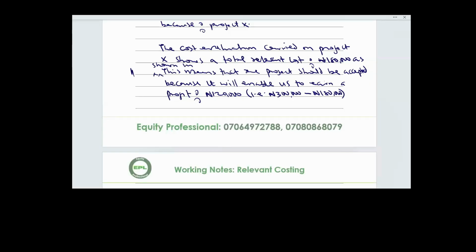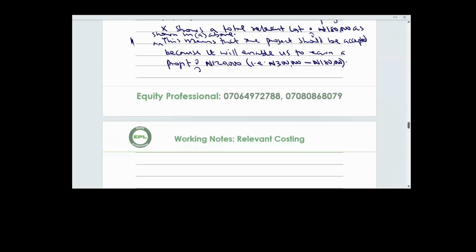Or in the appendix, however you want to put it. Let me just say A above. Full stop. This means that the project should be accepted because it will enable us to earn a profit of 120,000 naira. That is the difference between the contract price of 300,000 naira and the relevant cost of 180,000 naira.